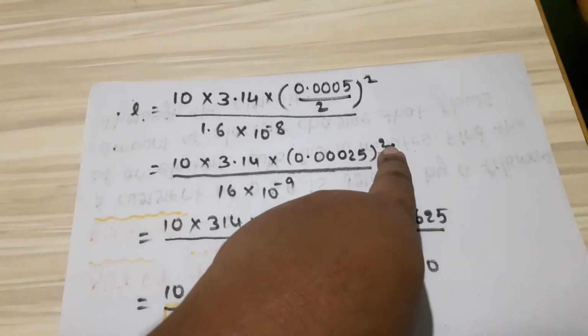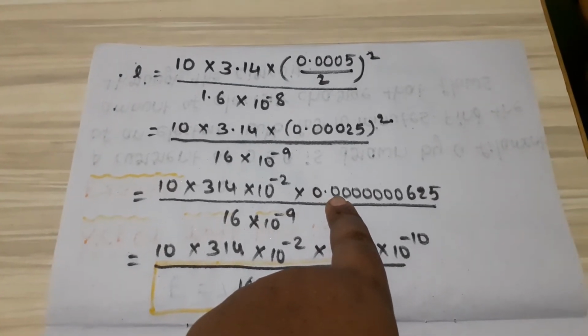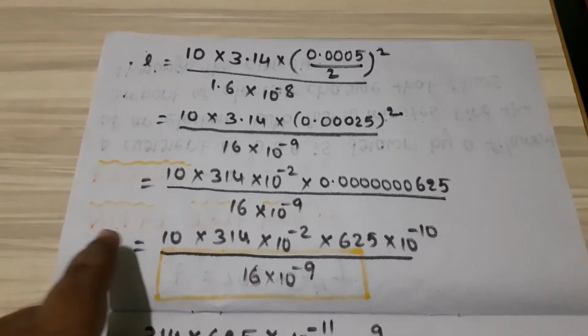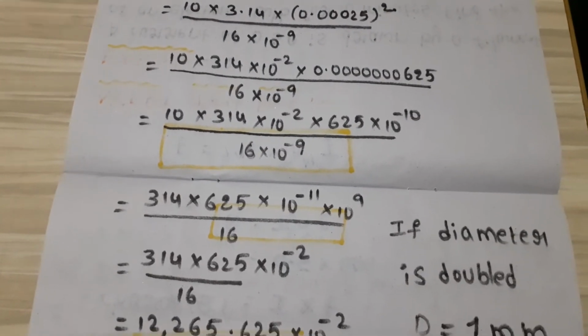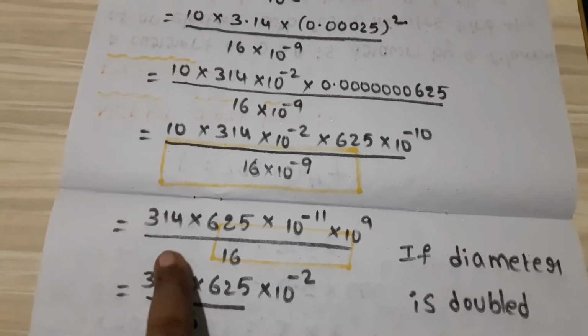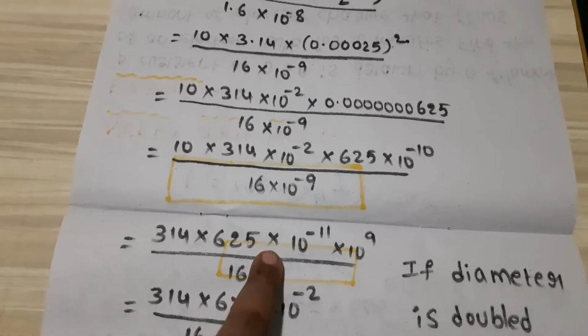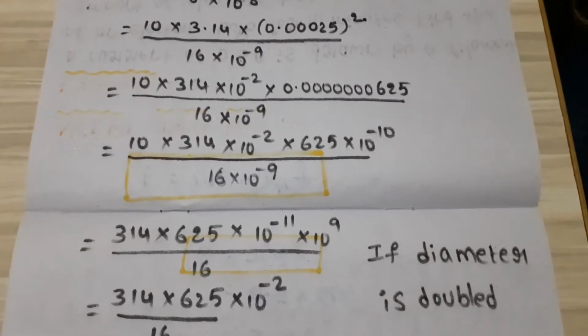Now I am going to square it. So its value is 0.0000000625. So the total answer on the numerator: 314 into 625 into 10 to the power of minus 11 into 10 to the power of 9.